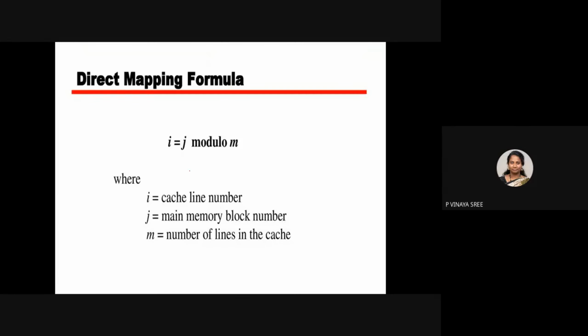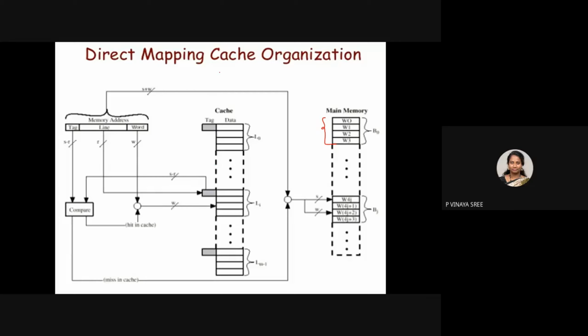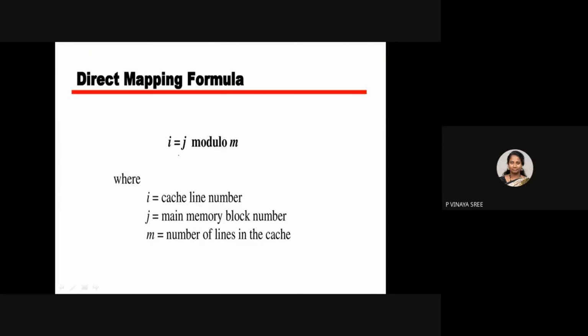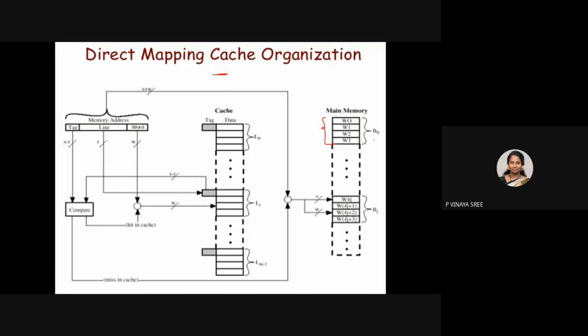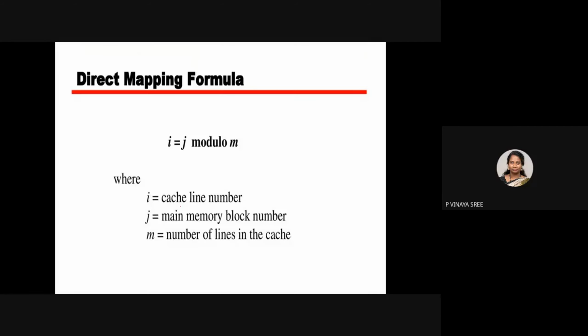Here, it is i equals j modulo m. What is i? It is the cache line number, in which particular cache line we need to place this main memory block. J is the main memory block number, so if you are considering block 0, we place main memory block number 0. M is the number of lines in the cache.